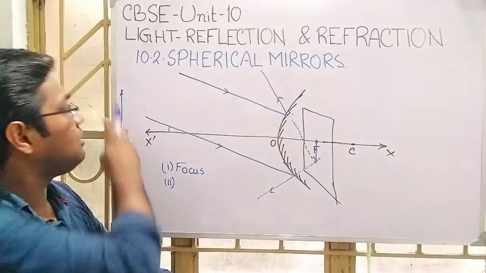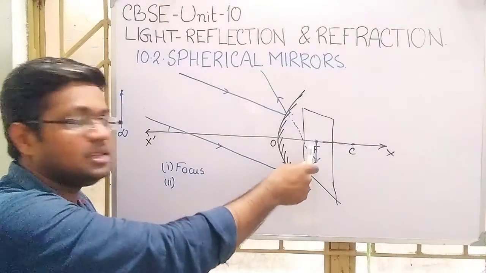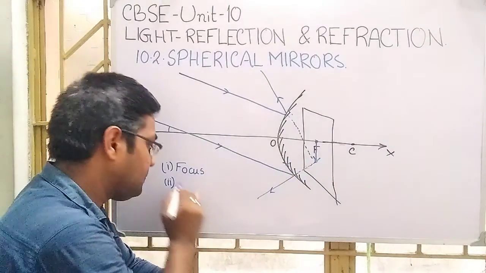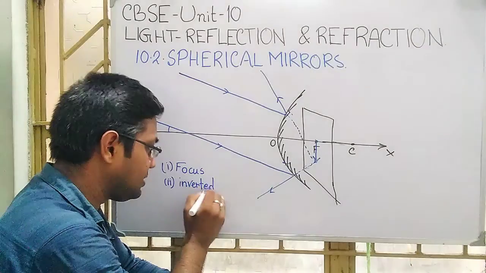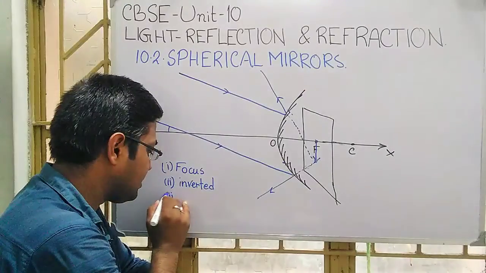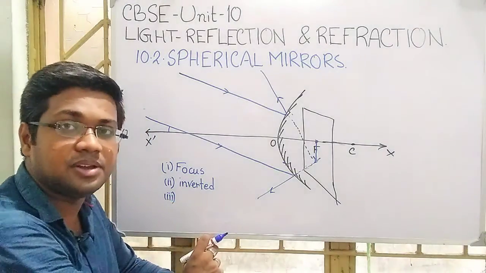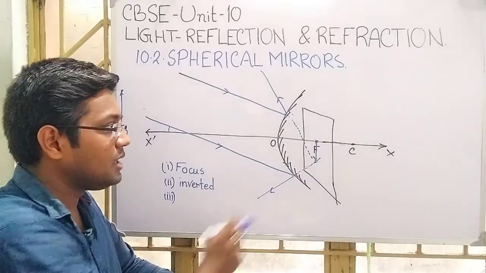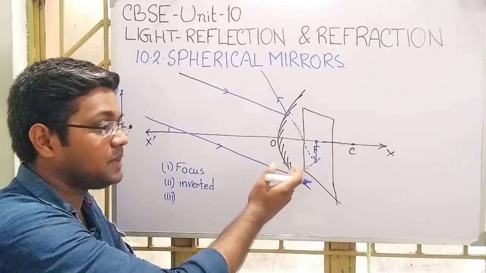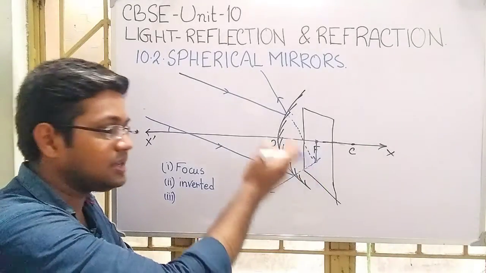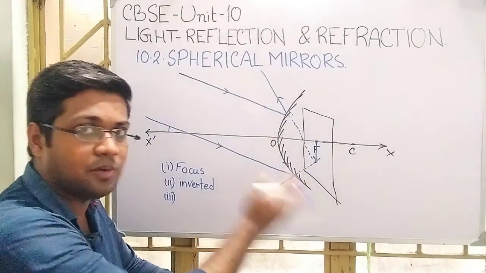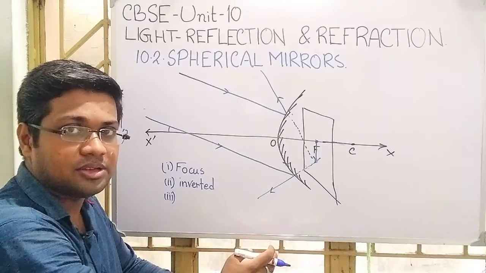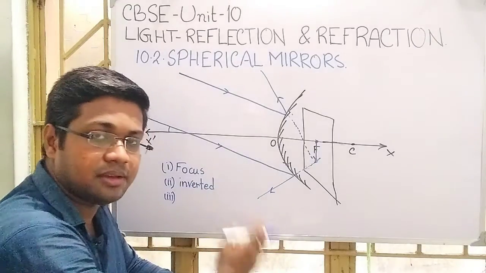If I consider the object to be like this, obviously it is inverted. Next, is it real or virtual? You tell me. It is behind the mirror, and the rays are not actually intersecting at the point where the image is formed. So the image should be virtual.